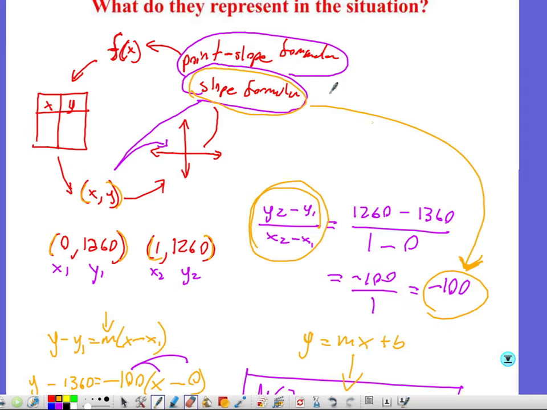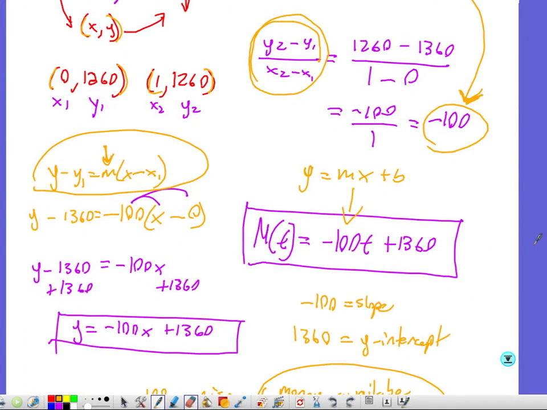So once you have the slope, you go to the point slope formula, where you plug in the slope and any ordered pair from your table as x1, y1. Do a little bit of algebra, distributing and solving for y, and then you get your equation, your function.